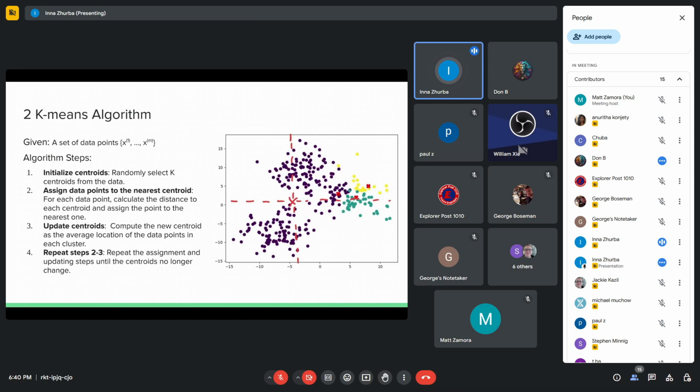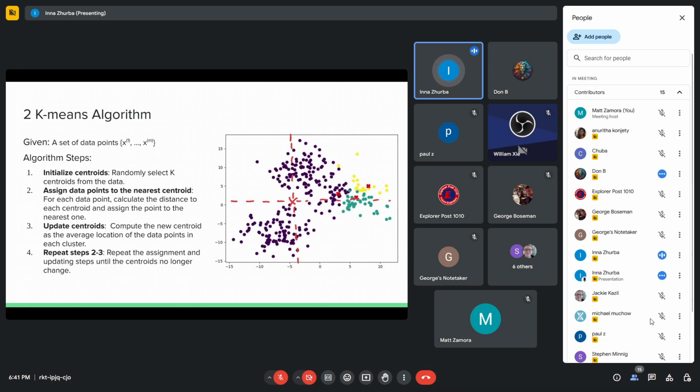So the algorithm itself, as I said, only has 3 steps. Given a set of data points, we start by initializing the centroids. When we do that, we randomly select k centroids from the data points, and then we assign data points to the nearest centroid.